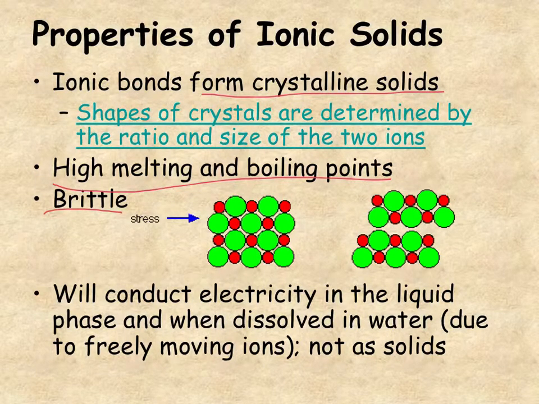And they're very brittle. So when you put a stress onto an ionic solid, it cleaves cleanly across the interface where the ions are next to each other. So, for example, a chlorine and a sodium ion in sodium chloride, that's where the bond is going to break, right?